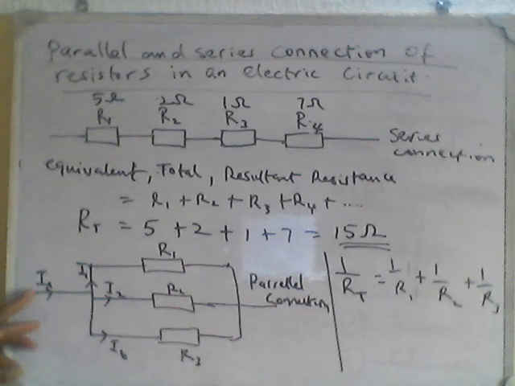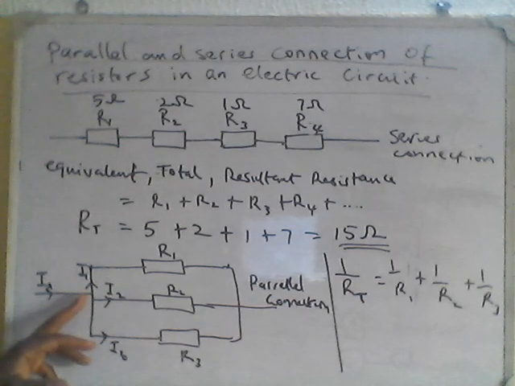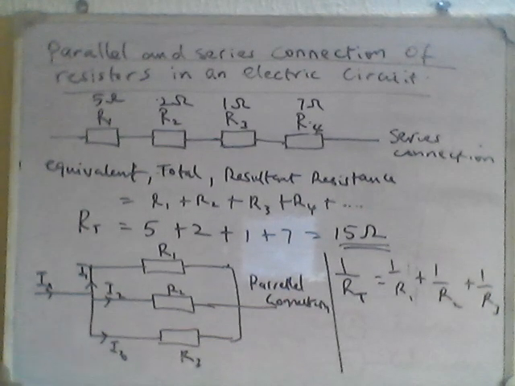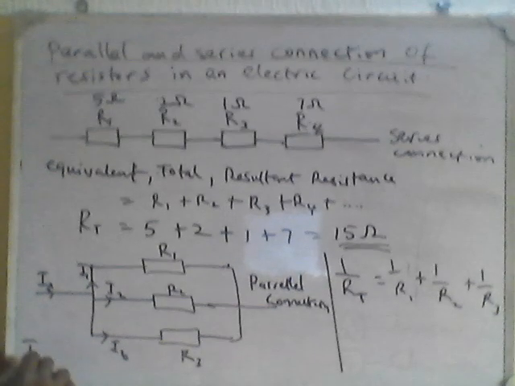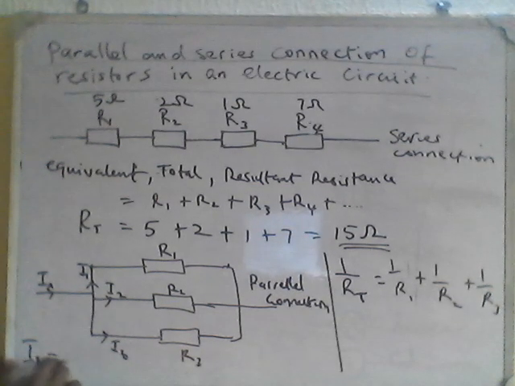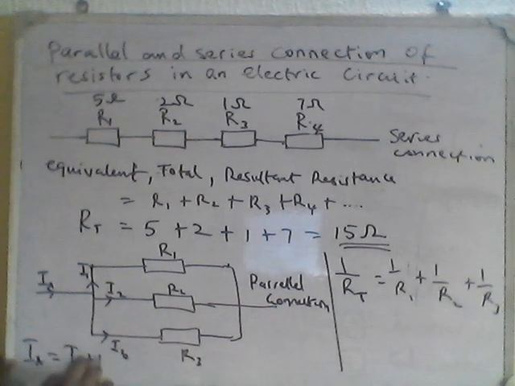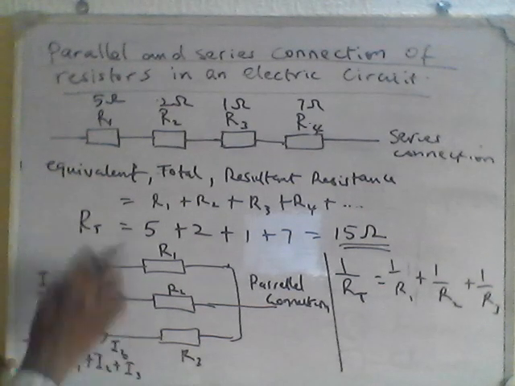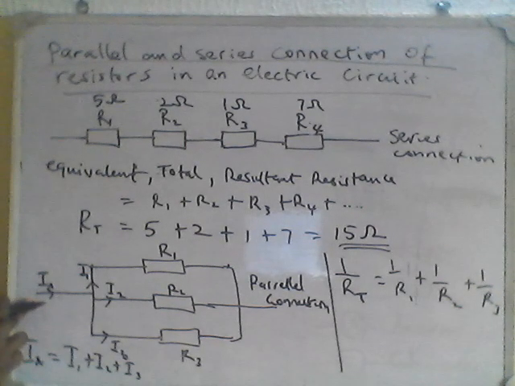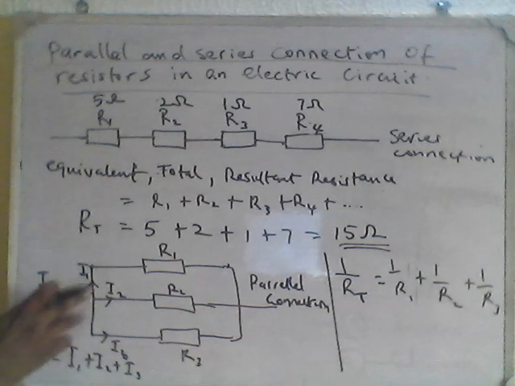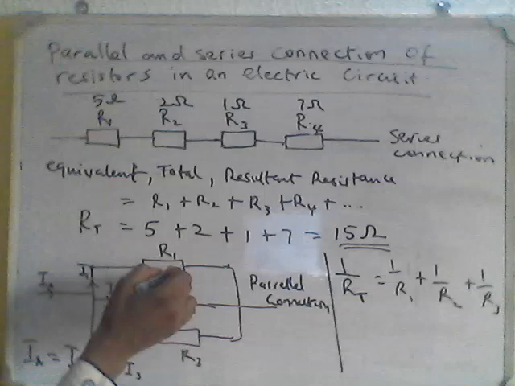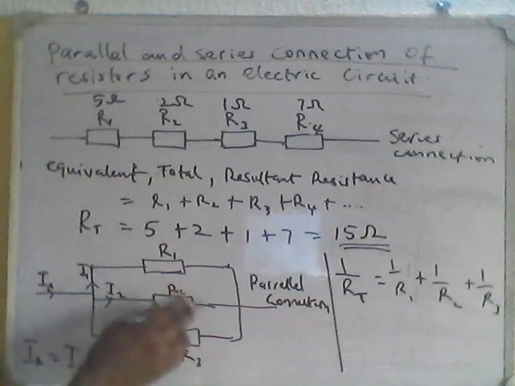So this current that is coming in here will divide into 3 currents such that IA is equal to I1 plus I2 plus I3. That is, all this will form this. Understand? But how it is being divided depends on the resistance connected at these terminals.